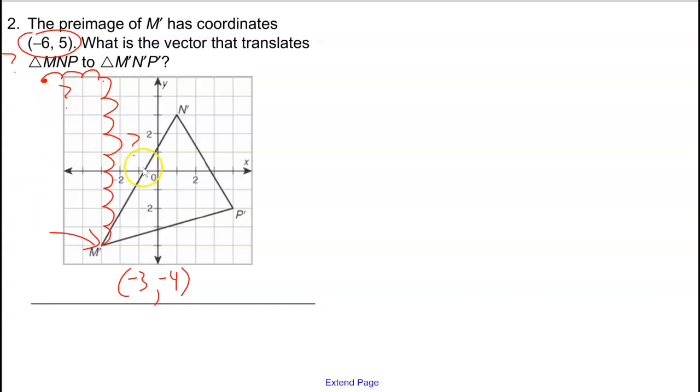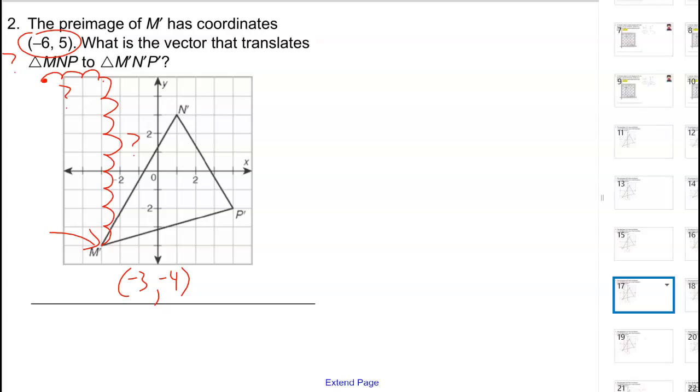What numbers go here and here? Okay, you should get these numbers, 3 and 9. 3 and 9 is the numbers you should get.